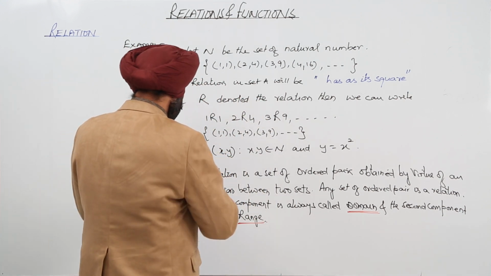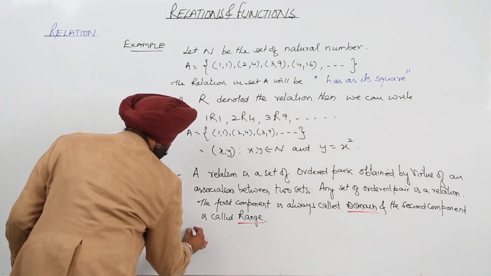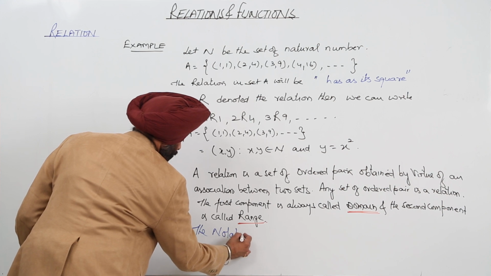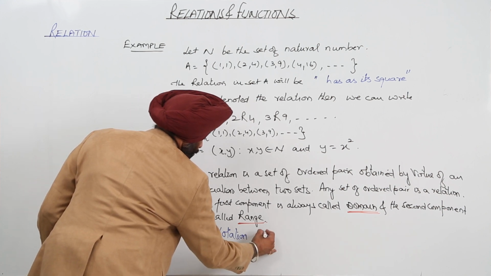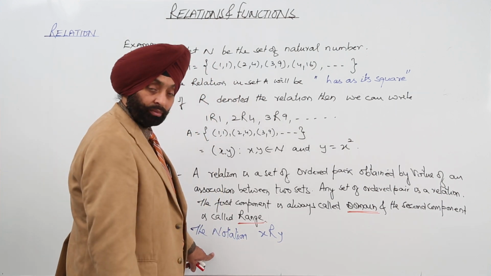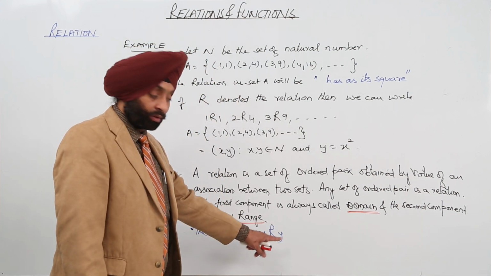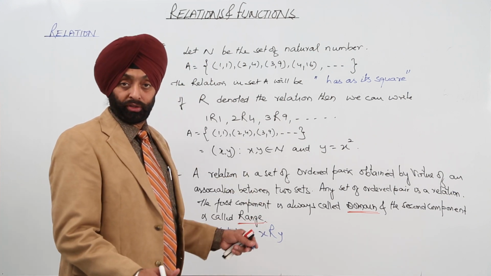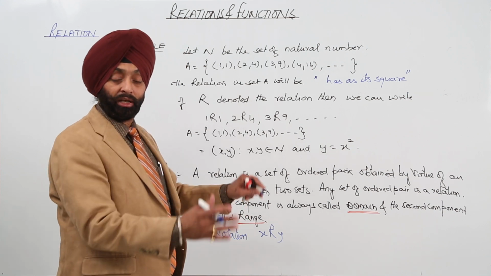Now the notation x R y, with a capital R. Here R represents some relation: x has some relation with y.